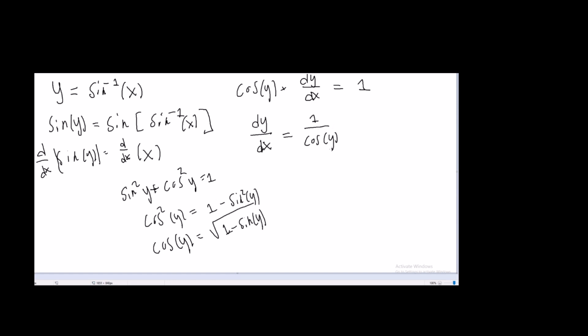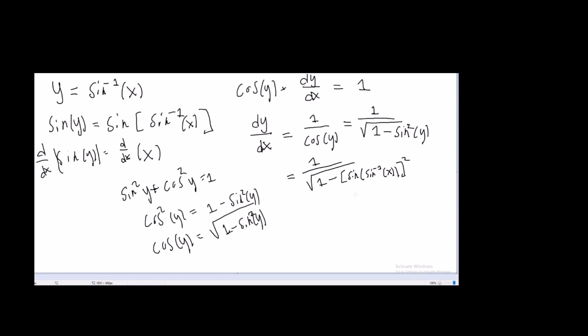So 1 over cosine of y is equivalent to 1 divided by the square root of 1 minus sine, oh wait, I forgot the square here, sorry. 1 minus sine squared of y, and that is equivalent to 1 over the square root of 1 minus sine of the inverse of sine of x, all squared.